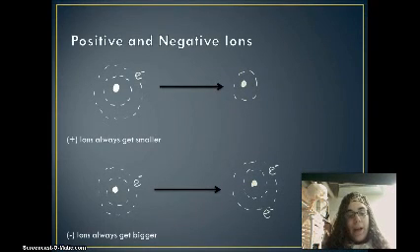Next, we have positive and negative ions. This changes the atomic radius easily. An example, this is just group 1A. It's just an example. So there's one electron in the outer orbital.